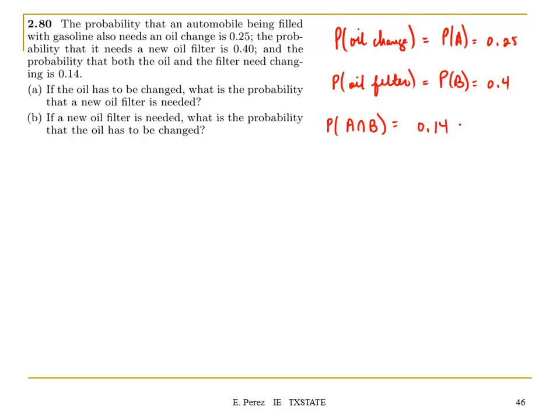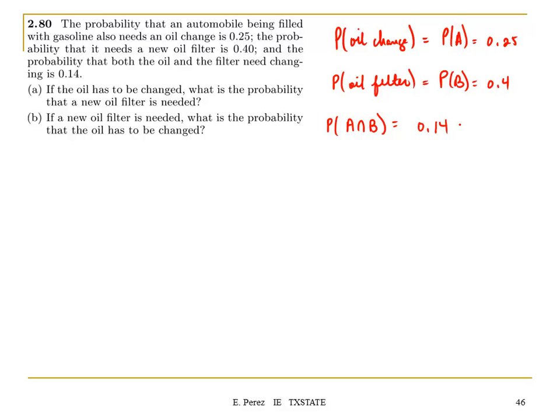Right? So now what you need to do is to find the right expression for A and B. So let's look at the first one. If the oil has to be changed, that is given.